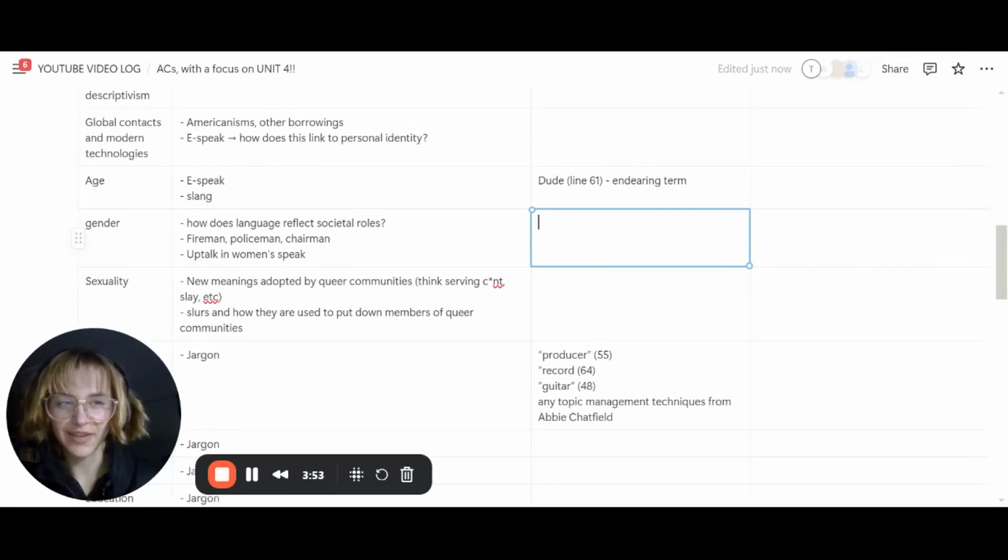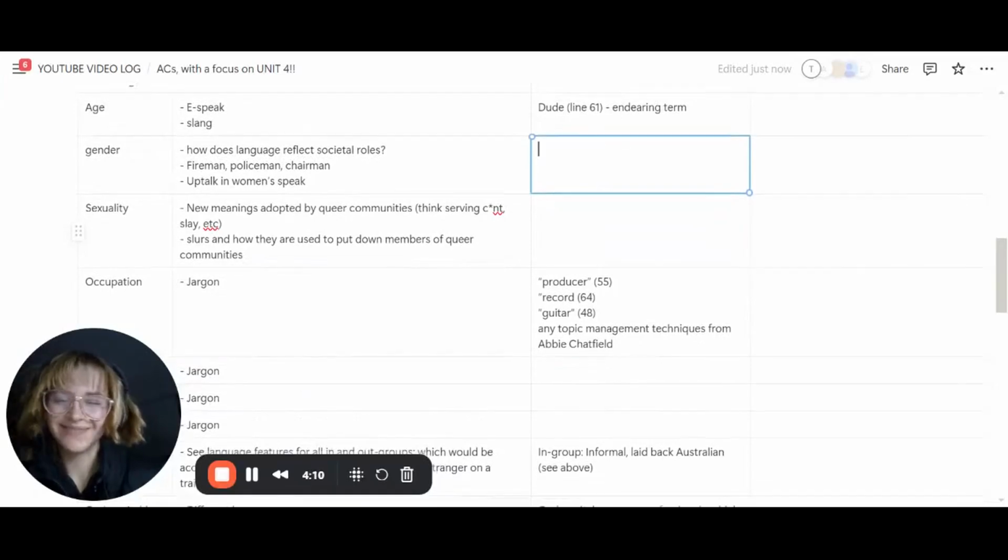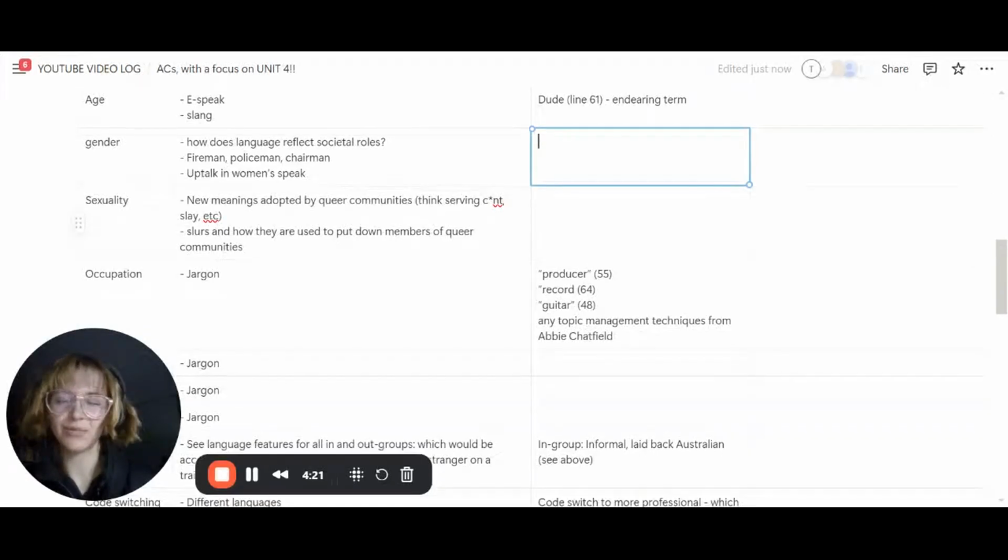You can talk about it in terms of age, like it's a little bit millennial, as at the time this was written, Hyde was 27. But you don't need to say that in terms of age. You can just talk about that in terms of rapport building strategies between the two of them. Gender, kind of hard to say. You could say that the informal vocative babe is more of a female to female, female to male sort of term, but I probably wouldn't go there because you don't really have any evidence to back that up.